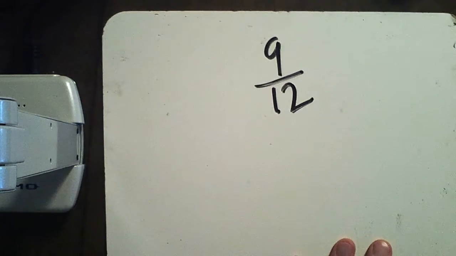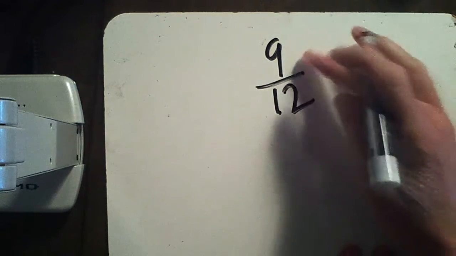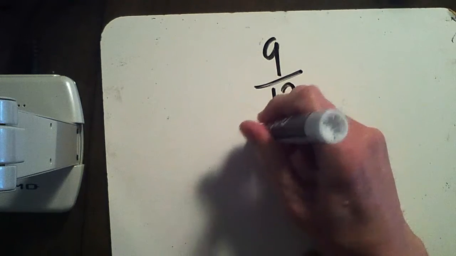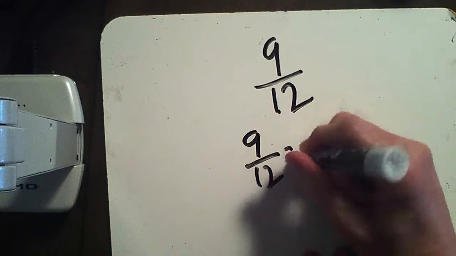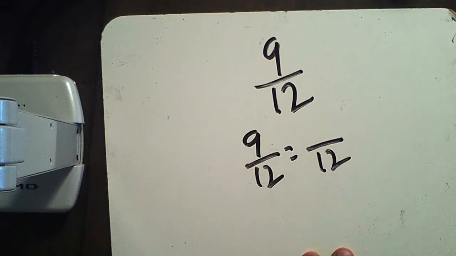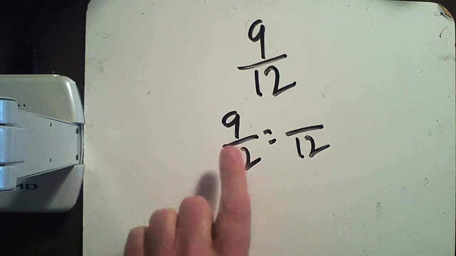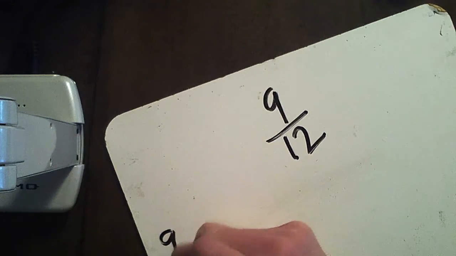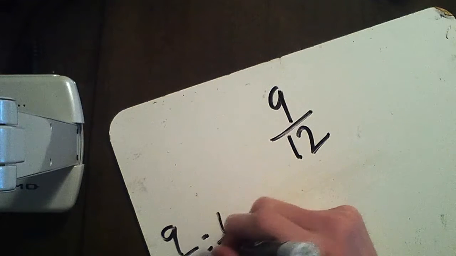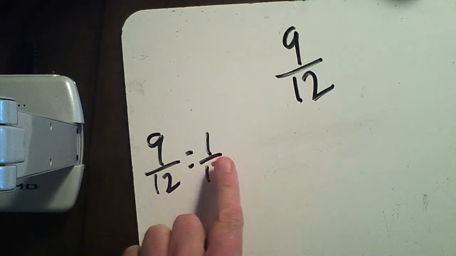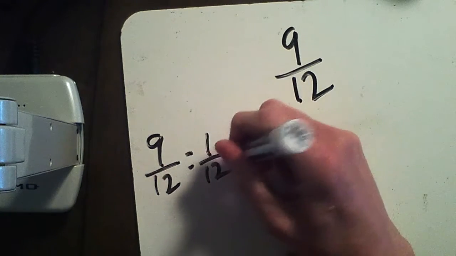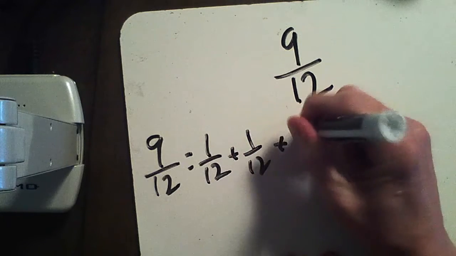Well, really all you have to think about is what numbers add up to 9, because we know that whatever fractions we add up, all the denominators are going to be 12, right? And so then we've got to get numbers that add up to 9. Now, first of all, we always want to start with unit fractions. So how many sets of 1 make 9? 9 of them, right? So we're going to make 9 unit fractions.